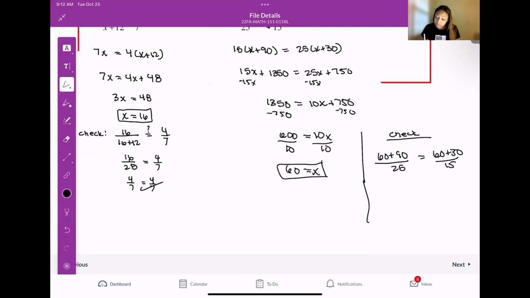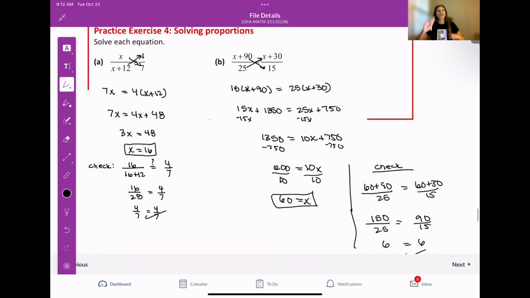All right, 60 plus 90 is 150. And 150 divided by 25 is 6. 60 plus 30 is 90. And 90 divided by 15 is 6. So that checks out. Both sides equal 6.